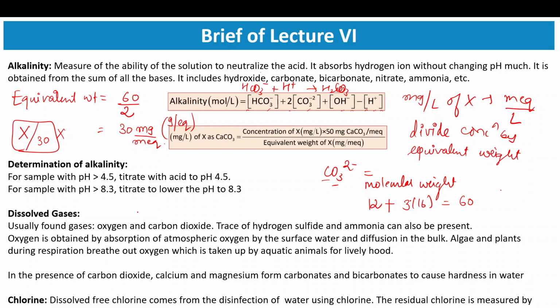Yeah, so let's move forward. How do we determine alkalinity experimentally? For any solution which has pH greater than 5, you titrate it with acid such that you reach pH 4.5. From that, the amount of acid you require to neutralize corresponds to that alkalinity.